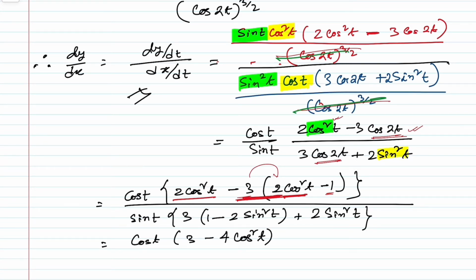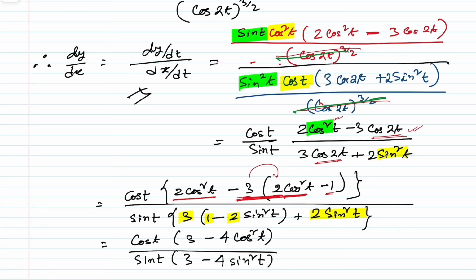Similarly in the denominator, 3 minus 6 sin square t plus 2 sin square t is going to be minus 4 sin square t. So here we get sin t and 3 minus 4 sin square t.